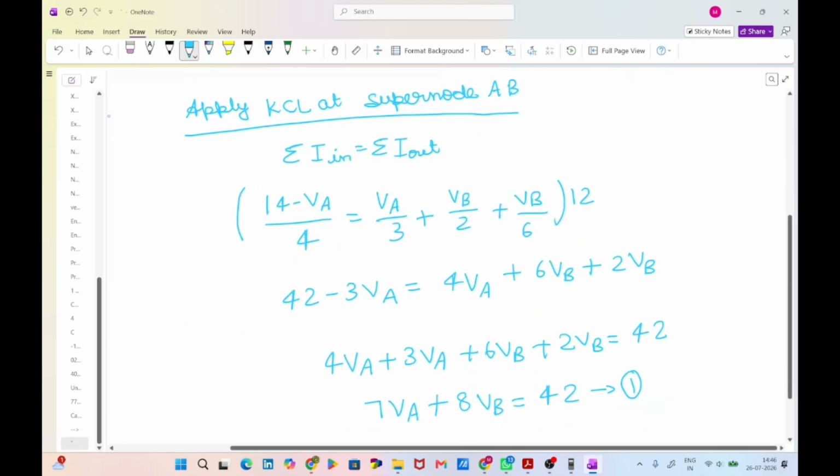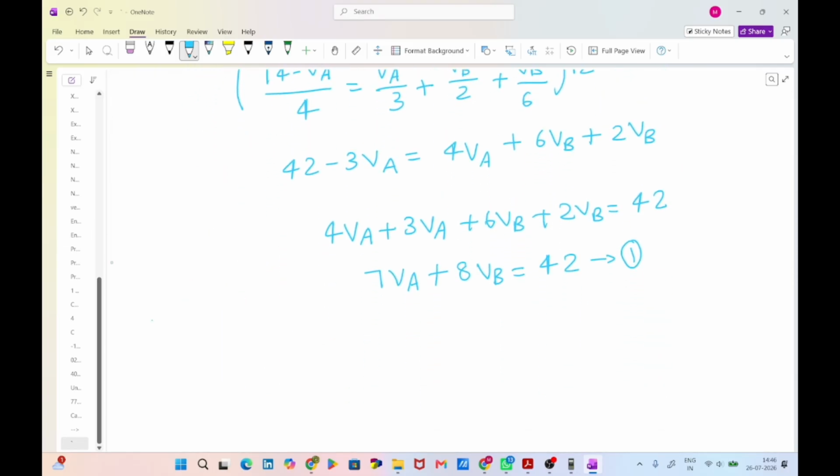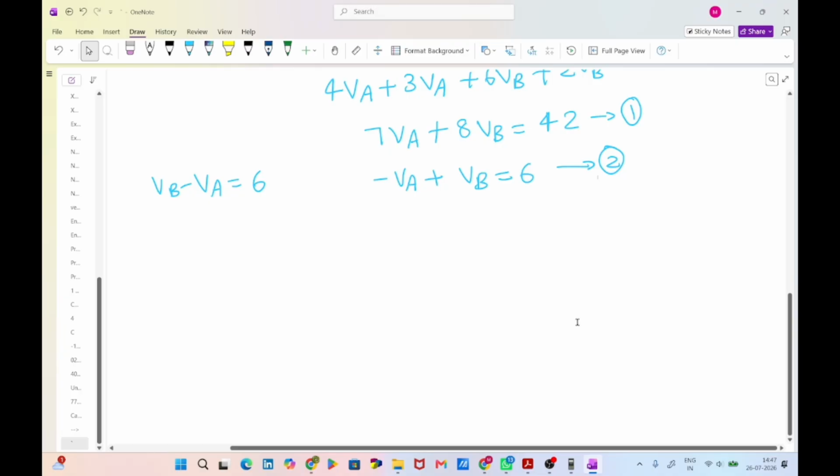We can write it as minus VA plus VB is equal to 6. Let us consider this as equation 2.